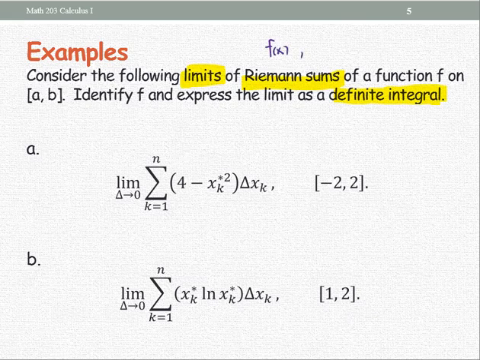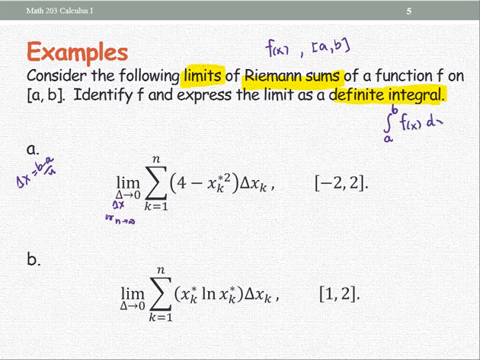We need the closed interval [a, b], and we take the limit as delta x approaches 0, or n approaches infinity. From the formula, delta x equals (b minus a) divided by n. If we have this information, we're going to write the notation of the definite integral as the integral sign from point a to point b of the function, the integrand, with respect to x.